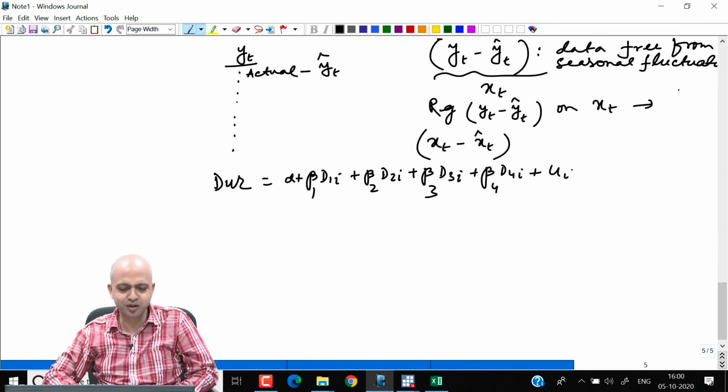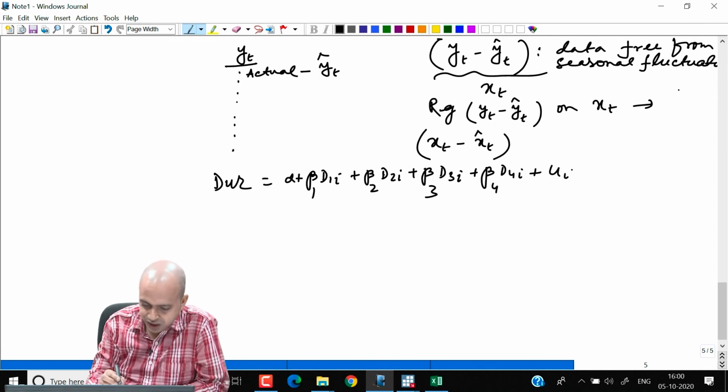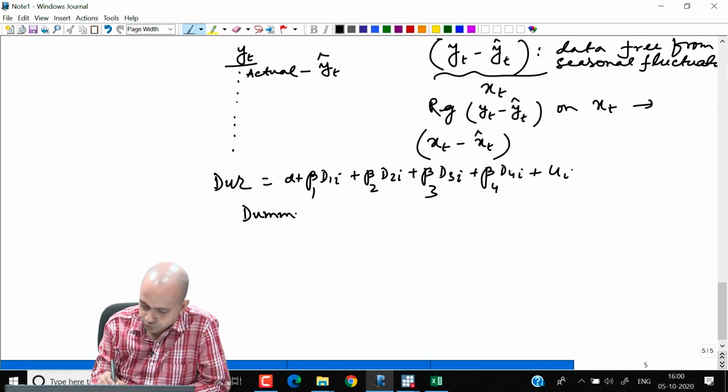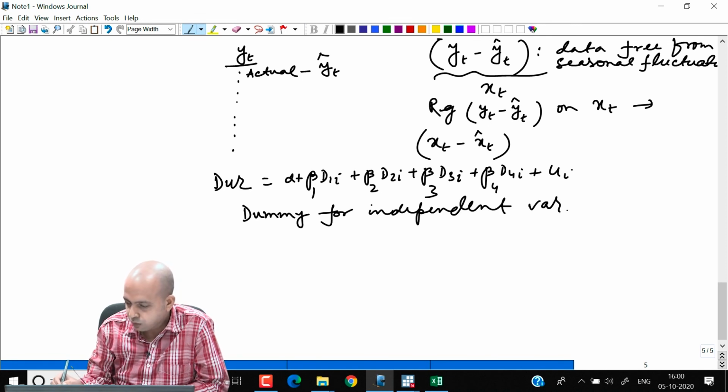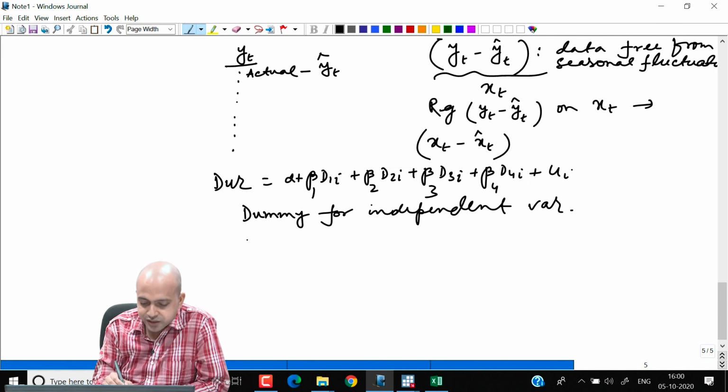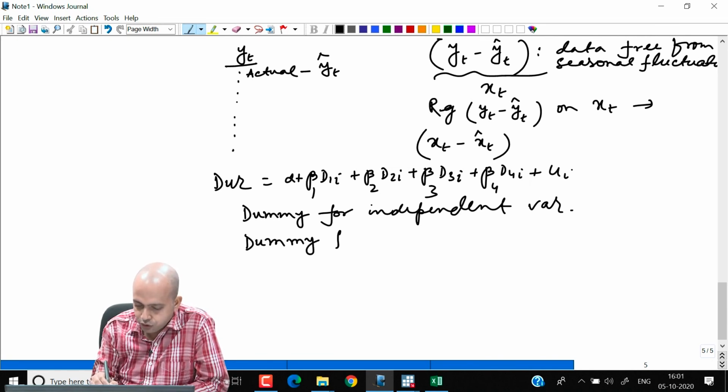But it may so happen that your dependent variable also is qualitative in nature. So far we have discussed only dummy for independent variable, but we have not discussed dummy for dependent variable.